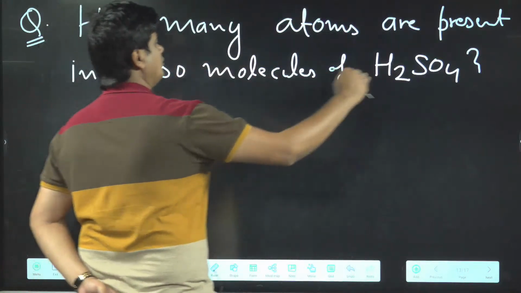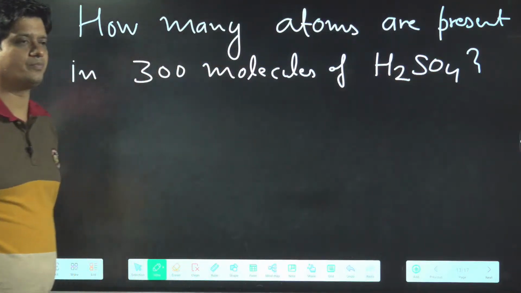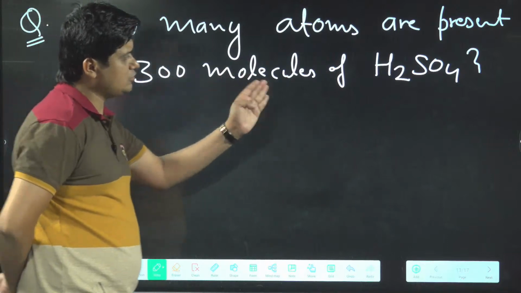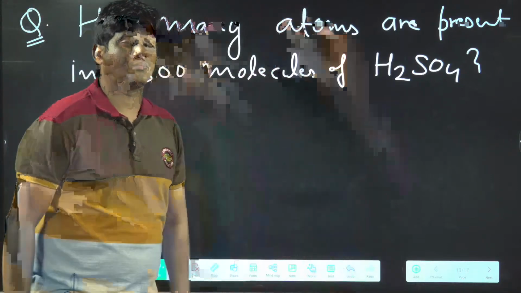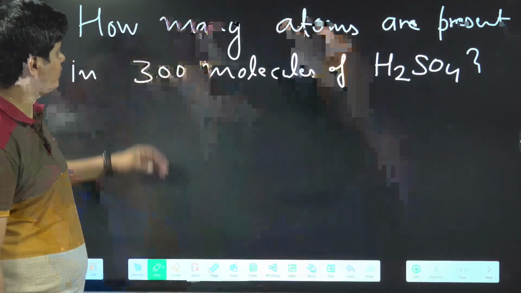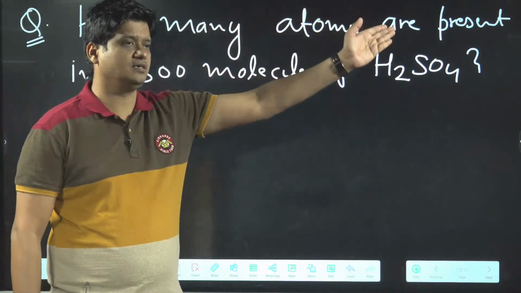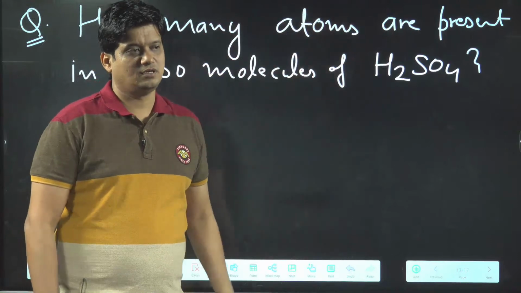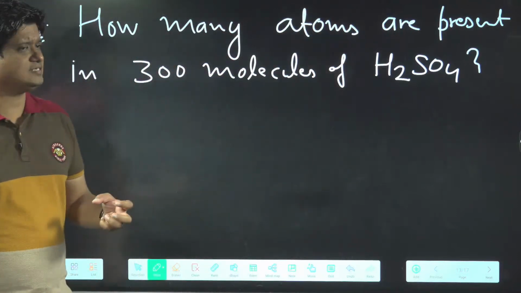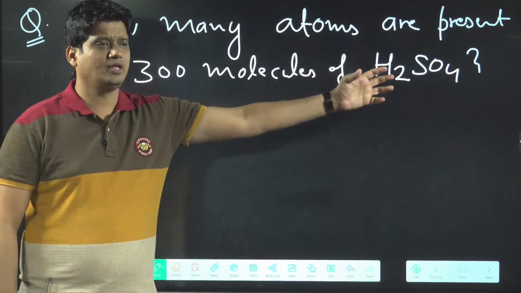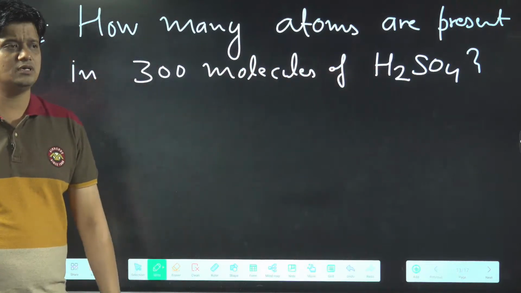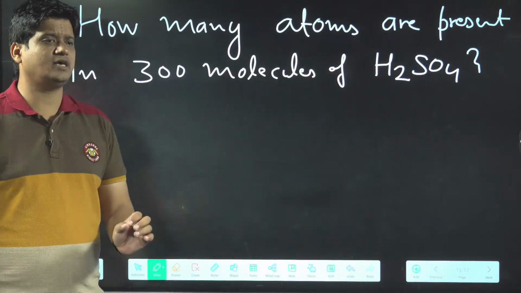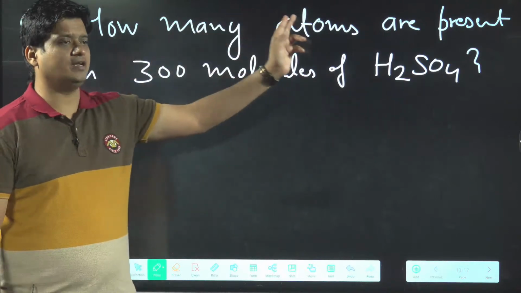What is given to you? 300 molecules of H2SO4 is given to you. And they are asking about how many atoms are present, means they are asking about the number of atoms. So given data is about H2SO4, and the question being asked is the number of atoms.